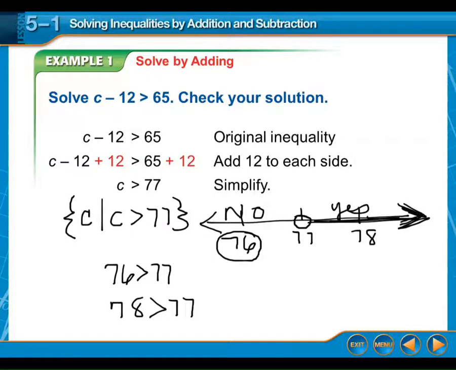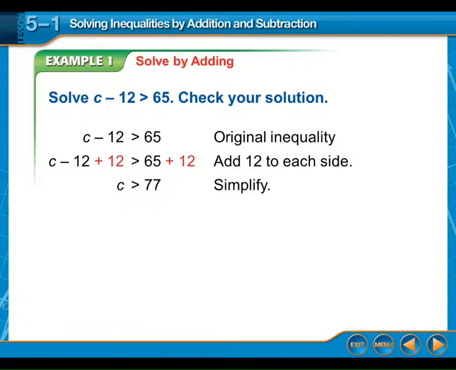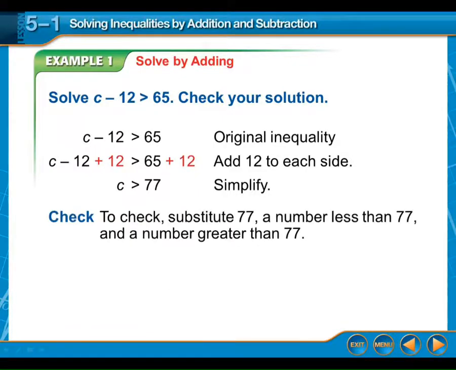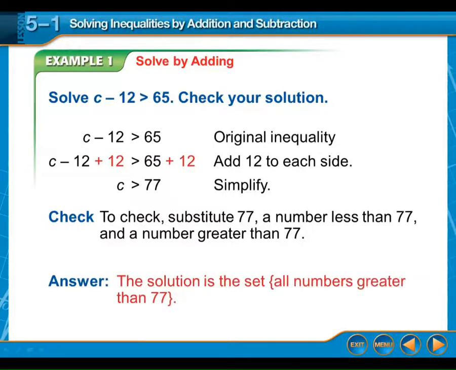What we are graphing and shading is C. We're actually shading and graphing the variable. So to check, you need to substitute 77 and a number less than 77 and a number greater than 77. And so you would know that the solution is to set all numbers greater than 77.